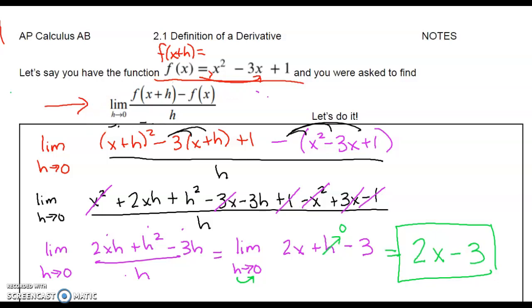I'm going to make it look a little nicer. I'm going to get rid of all this writing. Is the definition of a derivative. And so what we really found by doing this process mathematically is that 2x minus 3 is the derivative of x squared minus 3x plus 1. Okay? So that's what we did mathematically.